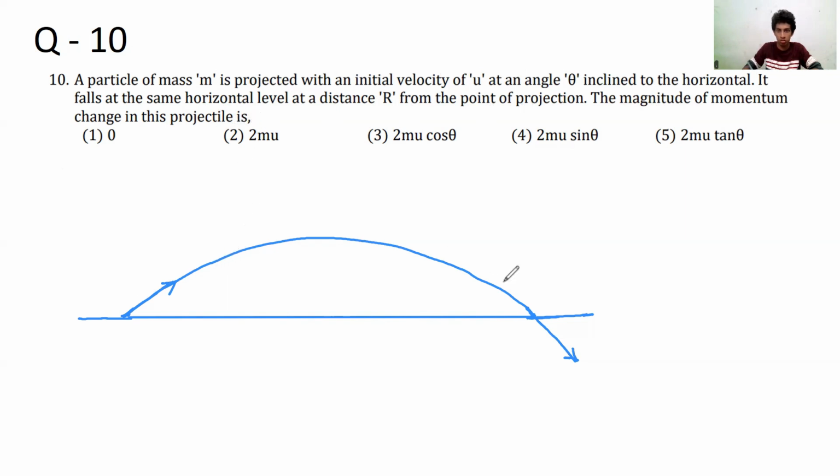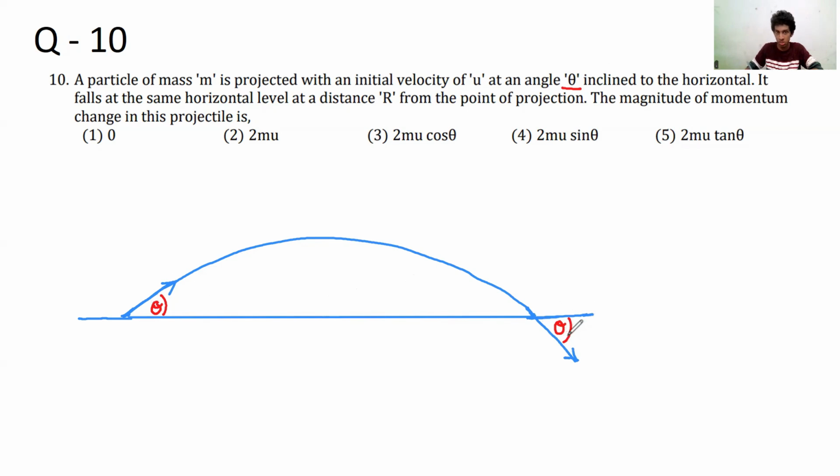So this is the diagram for the projectile, and they have given the angle of inclination to the horizontal as theta. So this is theta, and this should also be theta, because when a particle is projected with an angle of inclination to the horizontal, and if it falls at the same horizontal level, the velocity when it touches the ground should also have the same angle of inclination with the horizontal.